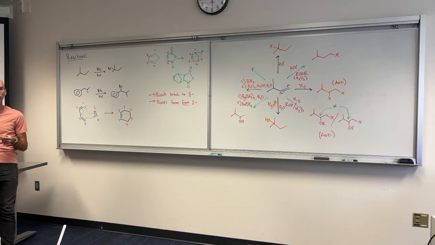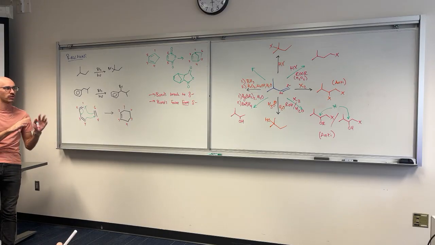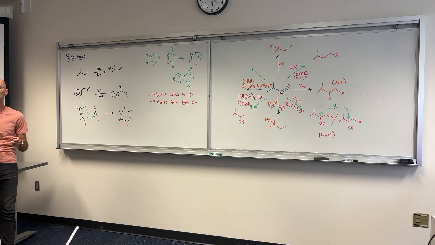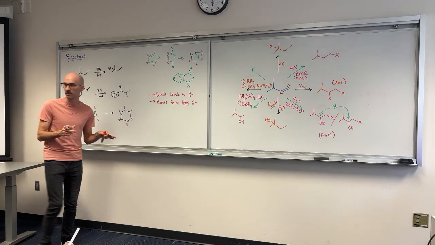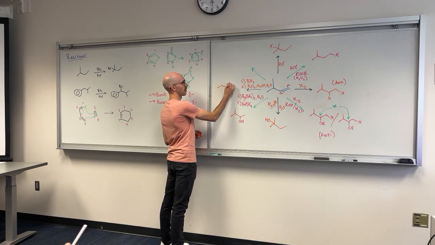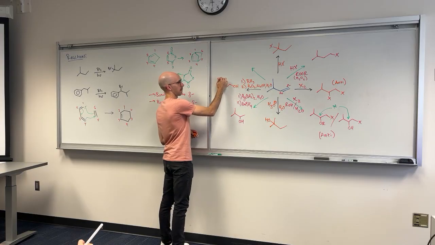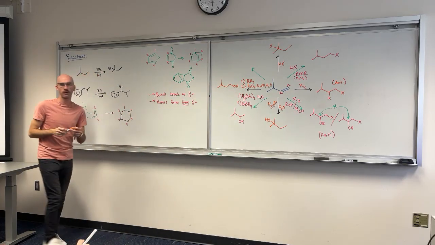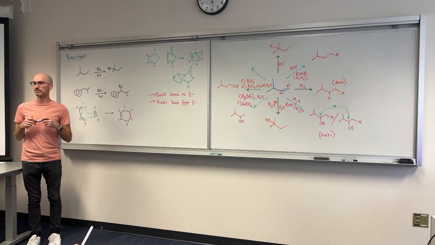Now we've already done Markovnikov twice, add the OH to the more substituted carbon. And we did it in two ways, with rearrangement, without. So the only benefit of this reaction, anti-Markovnikov. 3-methyl-1-butanol.